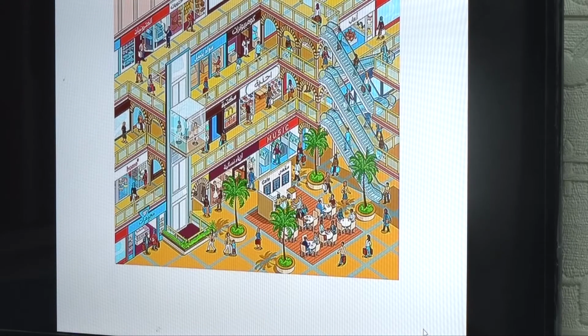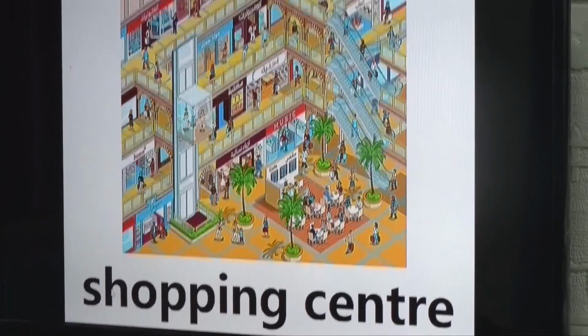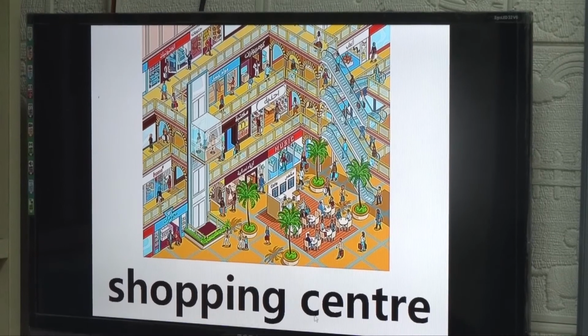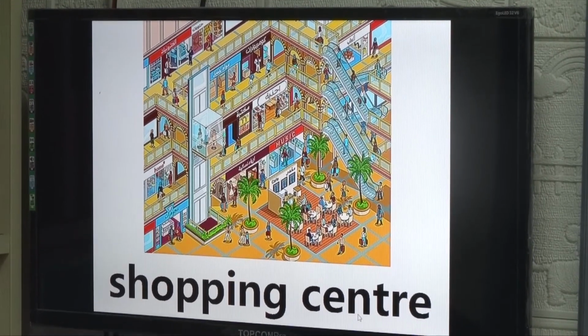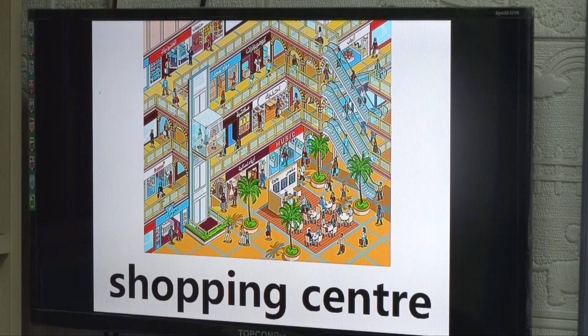And then here we have a place where we can go shopping in different shops, right? Here is the shopping center. Let's spell shopping center. SHOPPING CENTRE. Shopping center.